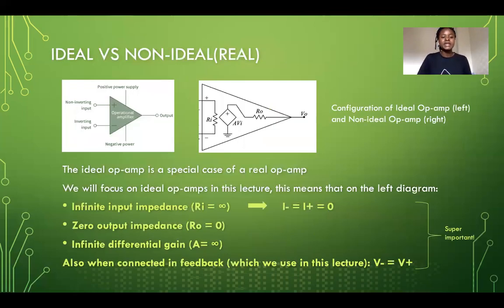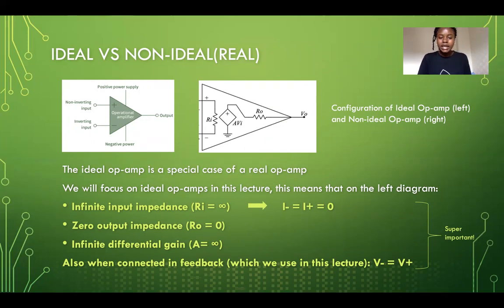Right, ideal versus non-ideal op amps. Non-ideal, I might also refer to as real op amps, because at school you hear about real resistors and ideal resistors. You have a similar thing with op amps. You have the ideal one, which makes calculations easier and is the best case scenario, and then what happens in reality.